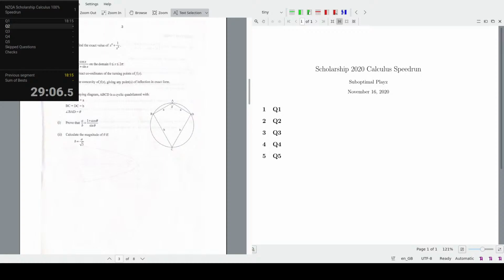Seven pi on 6 is a minimum, yeah. Okay. Now f double prime of 11 pi on 6, on the other hand, is actually equal to negative 4 root 3 on 9. Interesting. So 11 pi on 6 is a maximum.